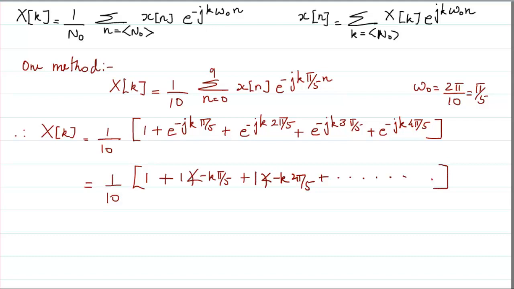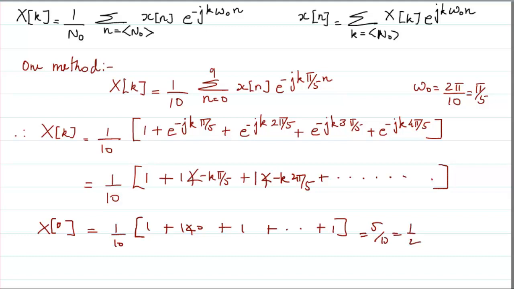Then when we substitute for x of 0, it is 1 by 10, 1 plus 1 angle of k is equal to 0. It becomes 1 angle of 0, which is actually 1 itself. So you will get 1 plus 1 plus 1 plus 1, all the way up to 5 values. So 5 divided by 10, you will get the value of 1 by 2.